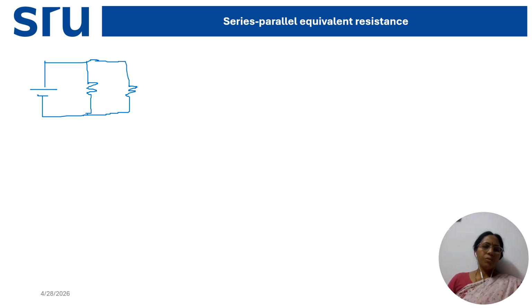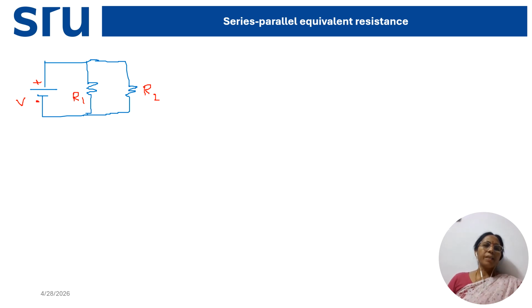If the elements are connected like this, this is your voltage source V, resistance R1 and resistance R2. The first terminal of R1 is connected to positive and the second terminal of R1 is connected to the negative terminal of the source voltage.